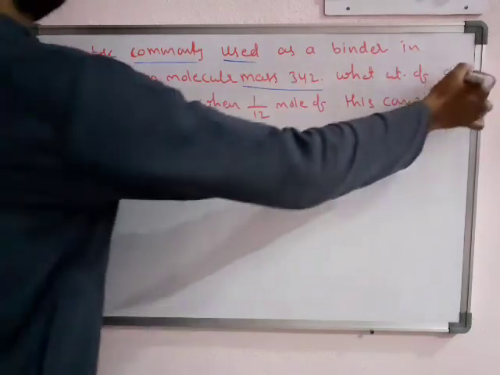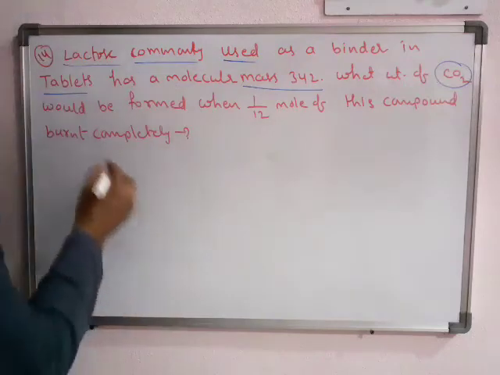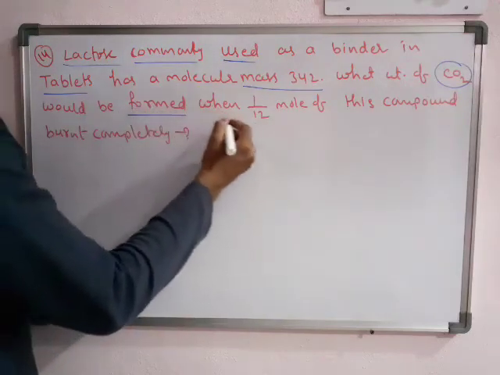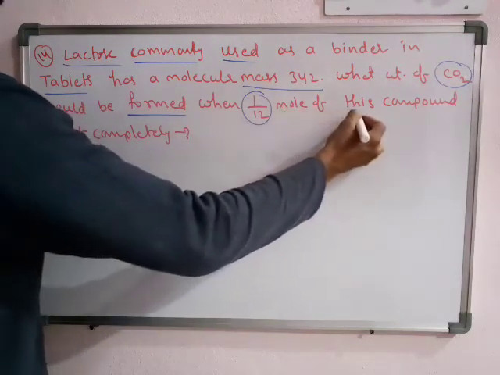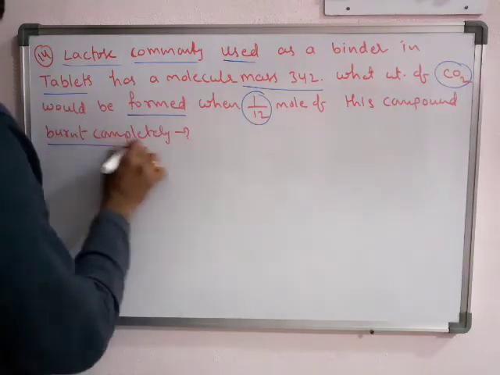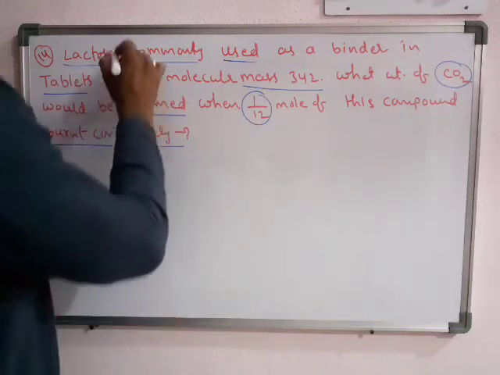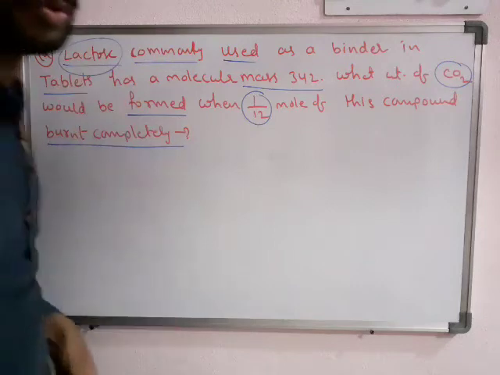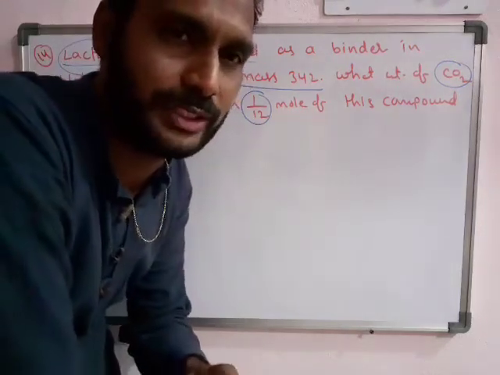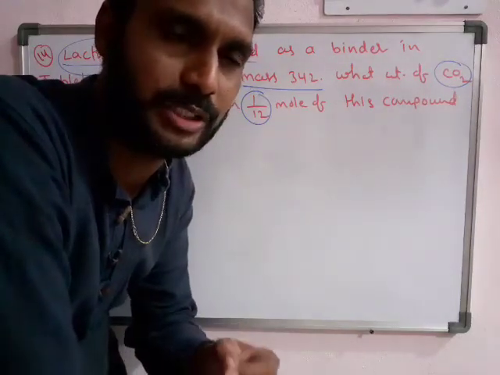We have to find the weight of carbon dioxide formed when 1 by 12 moles of this compound is burnt completely. Here the important thing is the formula of lactose. We know the formula of sucrose is C12H22O11.